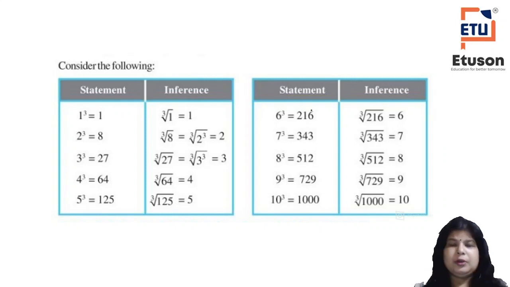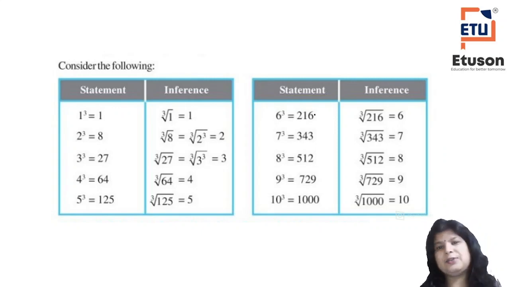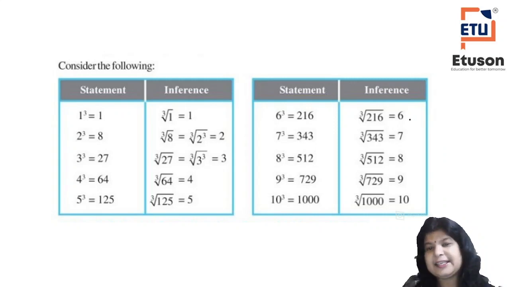Correct? Now, 6 cube is equal to 6 into 6 into 6, and the answer is 216. So cube root of 216 is 6.